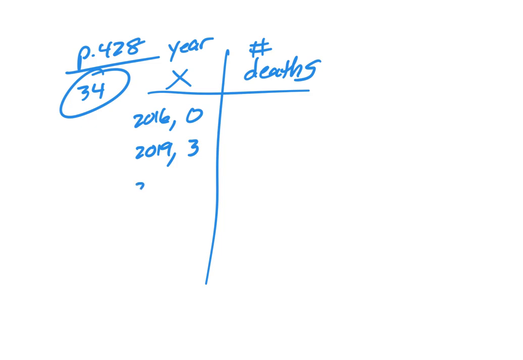Then 2019, and then 2021 is 5, and then this is 40.3, this is 39.1, and this is 47. It's in thousands, so this would represent like 40,300 deaths.